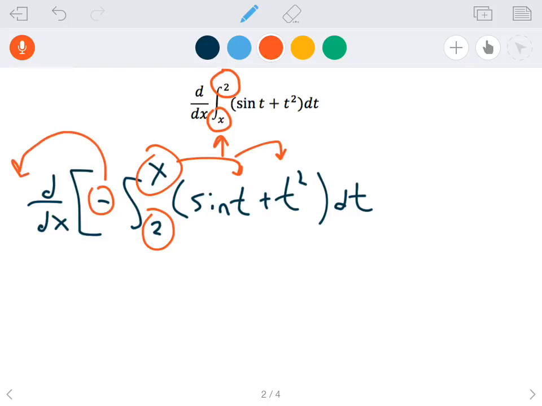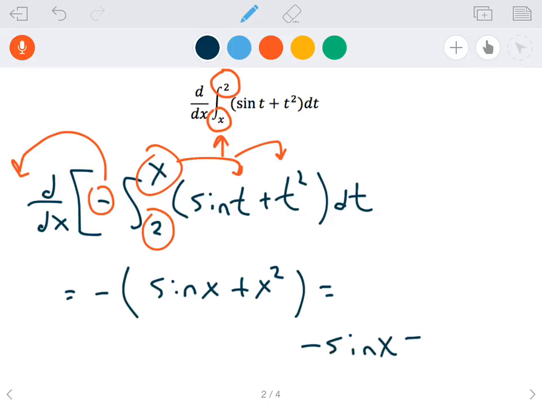And so I just have to carry it along. So this is all equal to the negative of replacing my variables. And you could leave your answer like that, or you could distribute your negative, whatever makes you happy. You can make this the sine of x minus x squared. And it's done.